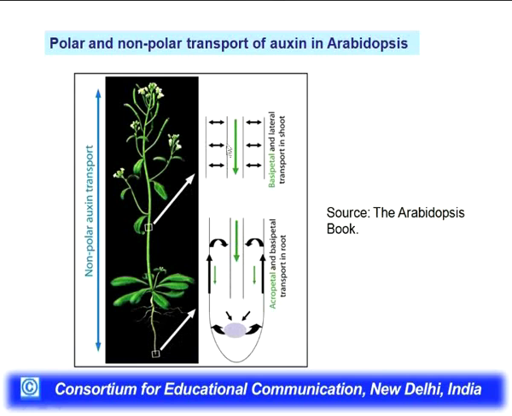In the vascular column, auxin is flowing from the shoot tip all the way to the root end, which is the quiescent center. This movement you will call non-polar movement, because it is carried out by the phloem flow.